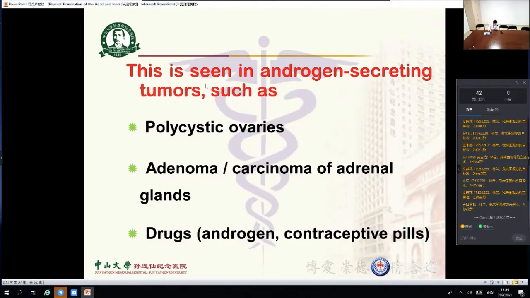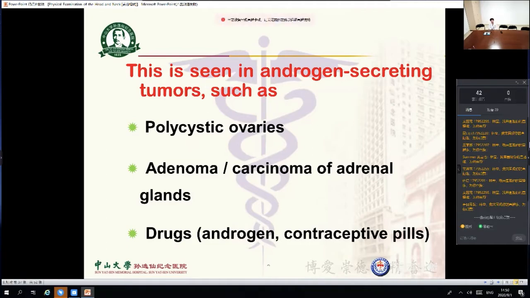If you guys remember the athletes, especially those female athletes, if they take too much androgen to have a very good record, very good results for the competition, for some games, sometimes they will take androgen.